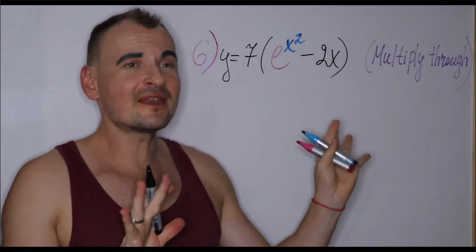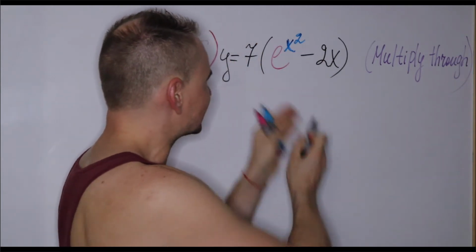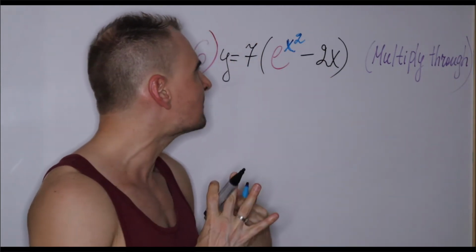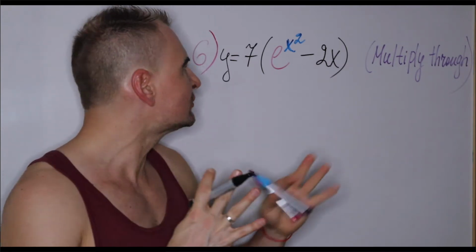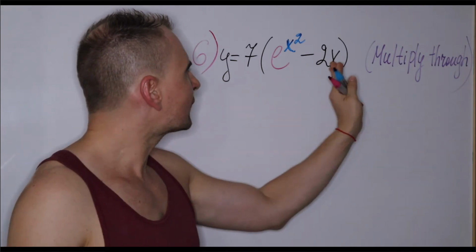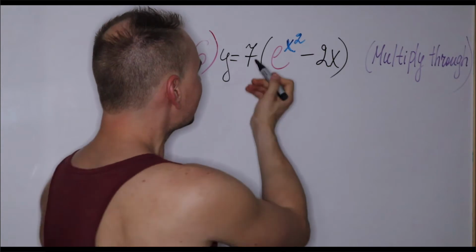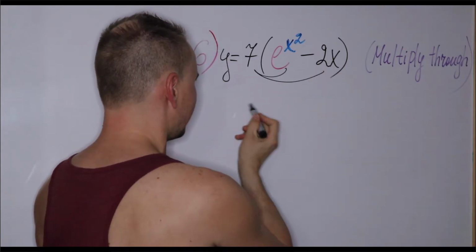Alright, the last one, and let's call it a day. 7 times brackets e raised to the x squared power minus 2x. The way you would deal with this, you want to multiply through, you want to expand. So bring this 7 over these terms inside of the parentheses.